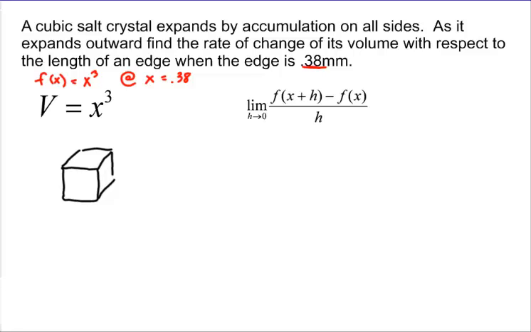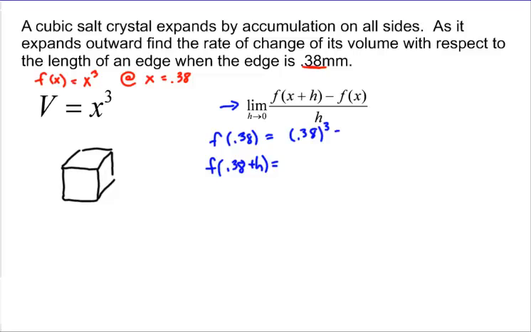Here's my limit rules, and we can just ask, what is f of 0.38, and what is f of 0.38 plus h? Once we get these two things solved out, we can use our limit rule. It should not be too horribly challenging, but there will be a lot of decimal places carried around, so that could be a bit of a challenge. f at 0.38 is simply 0.38 cubed.